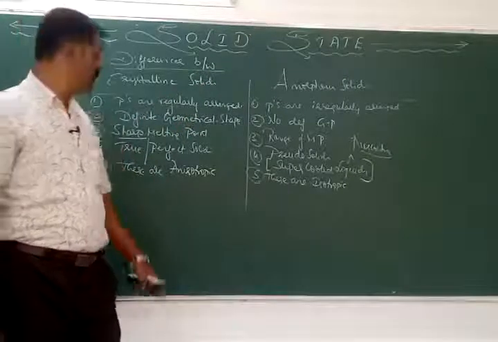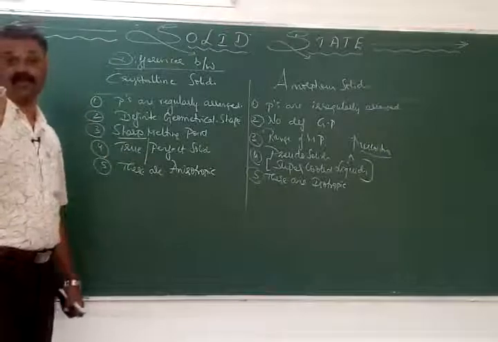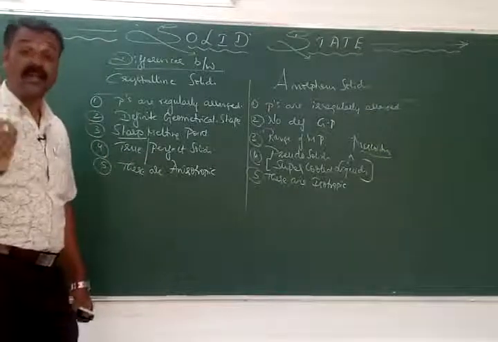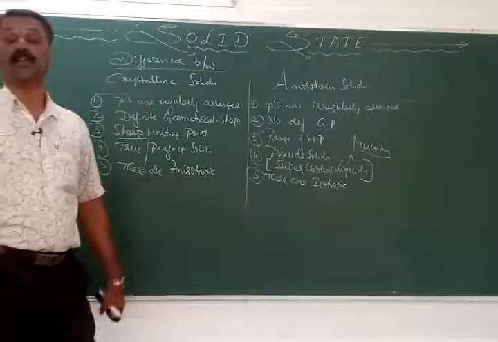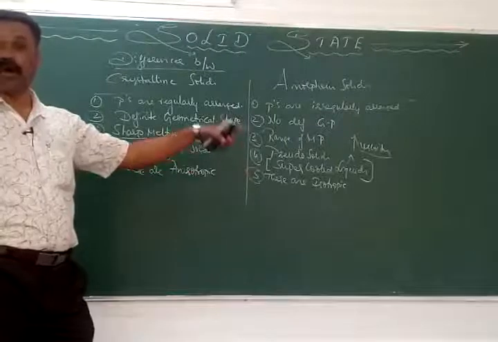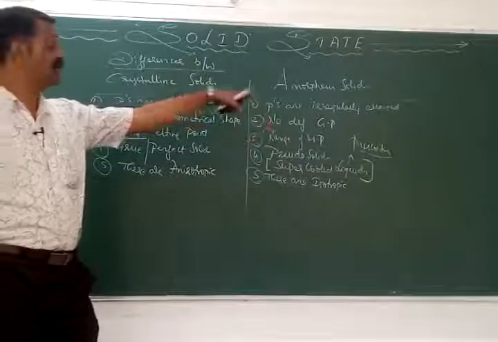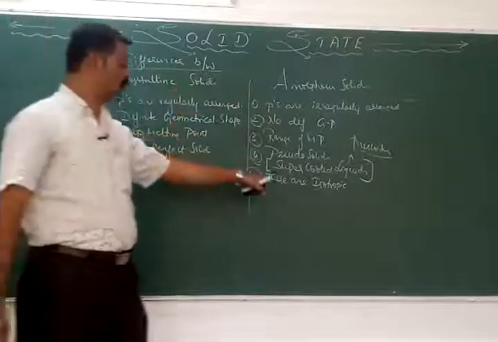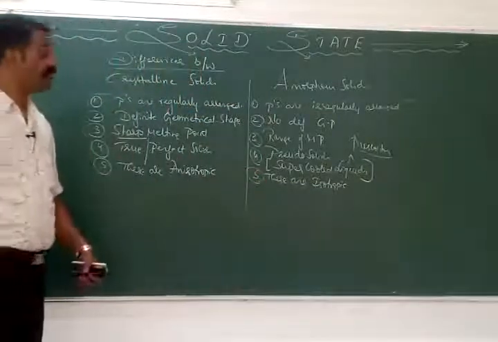Suppose the same property of a system is found to be different in different directions when we measure; then it is considered anisotropic. The same physical property in all possible directions is called amorphous, that is, isotropic. But here it is anisotropic.